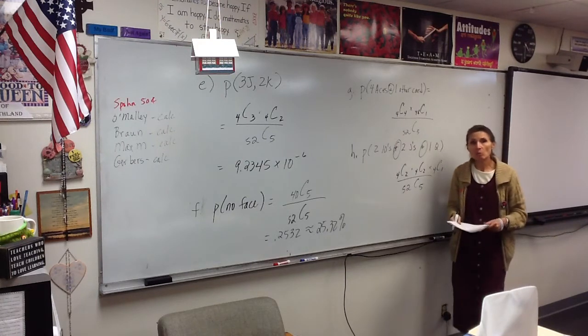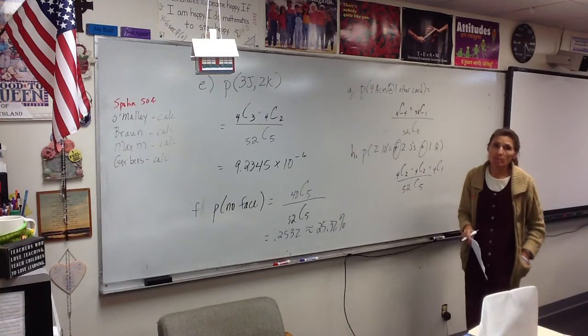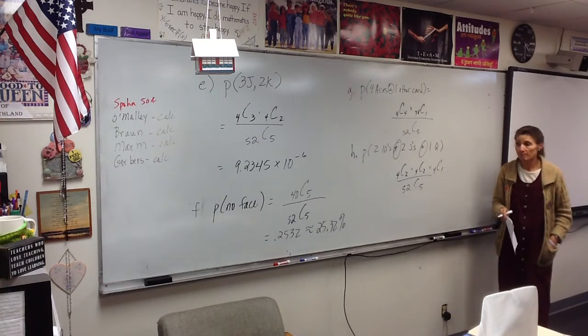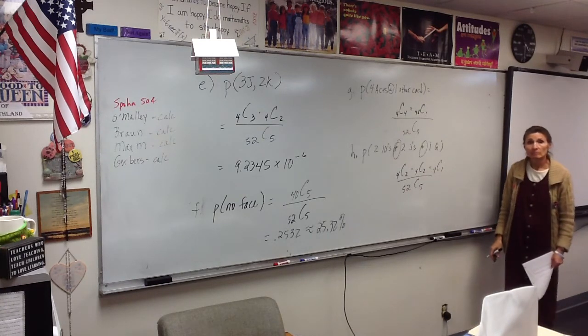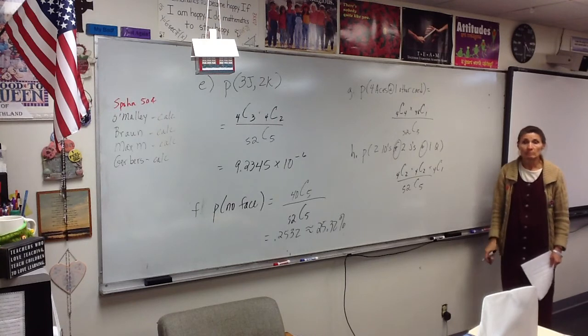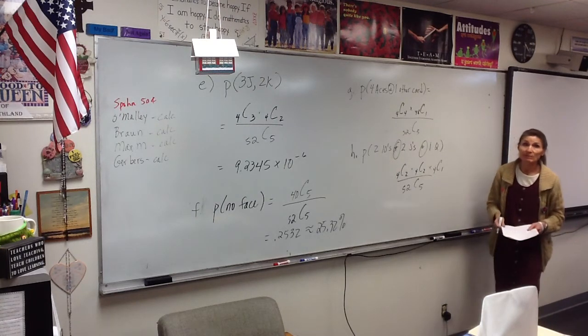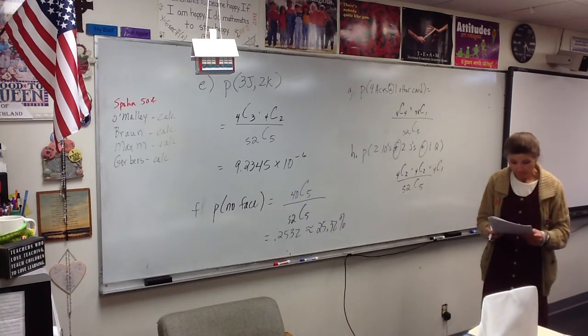And whenever we say the word and, it means we're going to multiply. That's the fundamental counting principle, and it means we're going to multiply. So you're going to type that in on your calculator, and you're going to get a decimal. And you can just write down the decimal, and it probably will come out in scientific notation, so feel free to leave it in scientific notation.